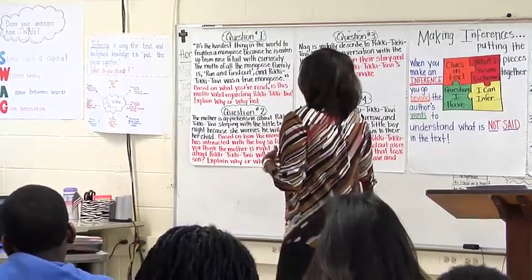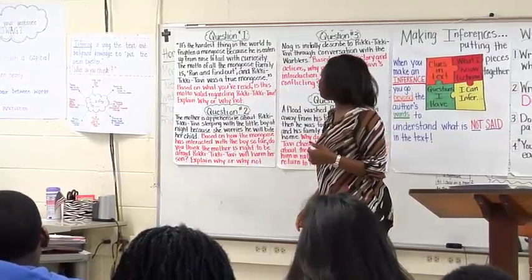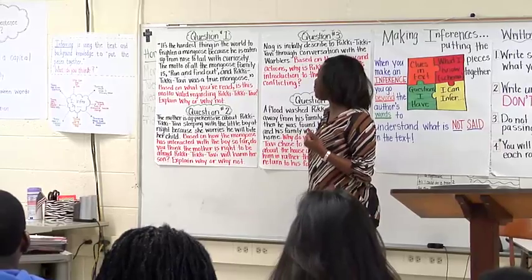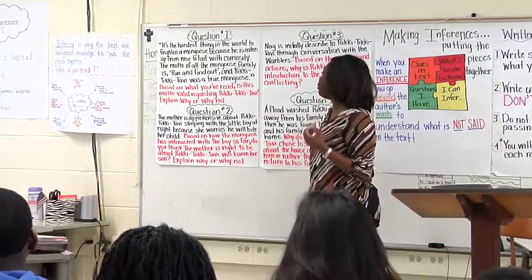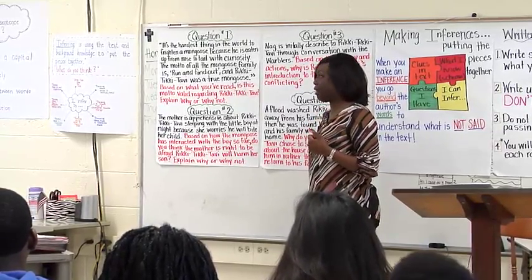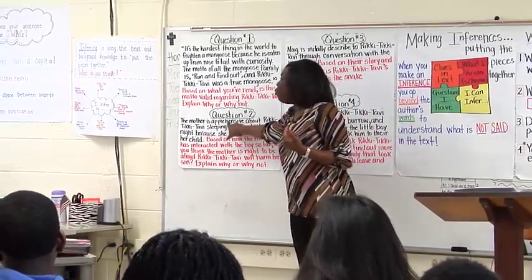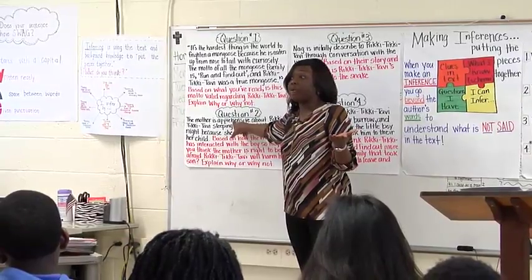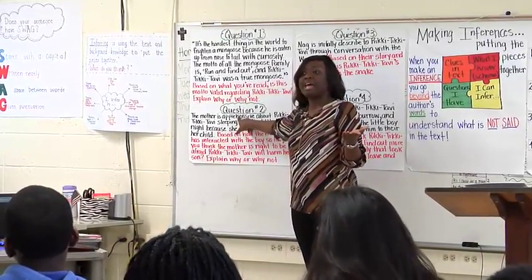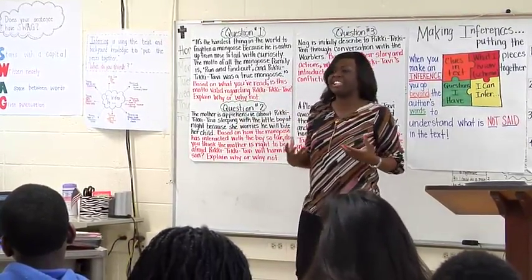All right, number 2 says the mother is apprehensive about Rikki-Tikki-Tavi sleeping with the little boy at night because she worries he will bite her child. Apprehensive. That's a big word, isn't it? Have any of you ever heard that word before? Okay, you've heard it before. What does apprehensive mean?